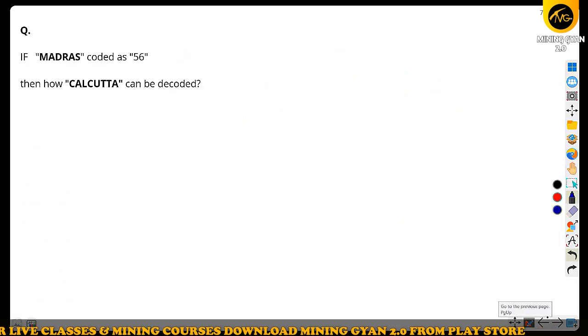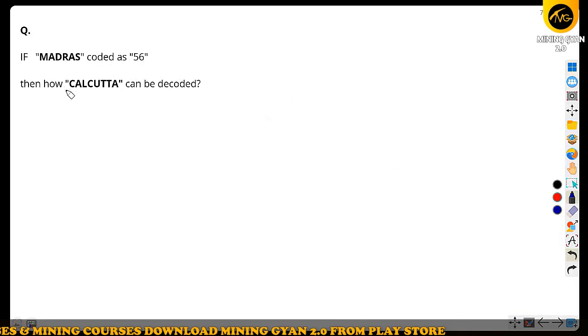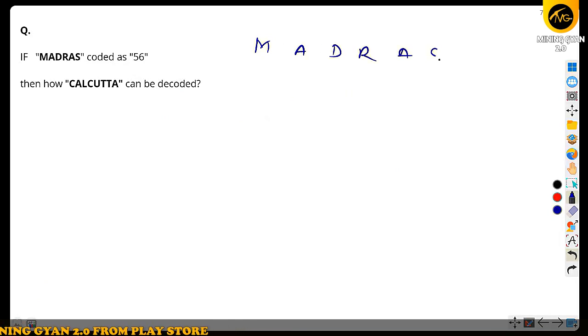Okay, now if MADRAS is coded as 56, then how can KOLKATA be decoded? MADRAS is coded as 56.